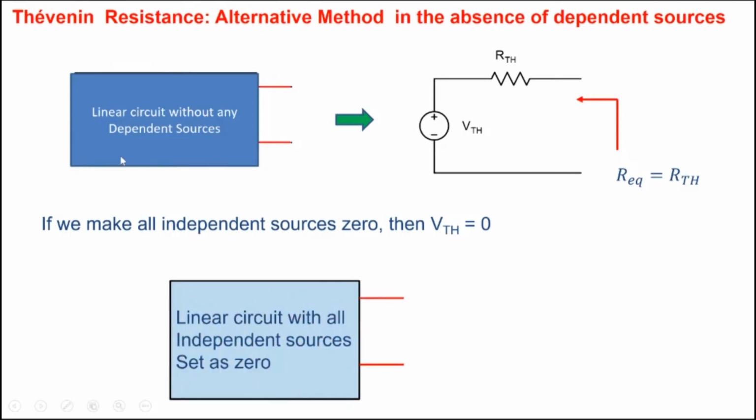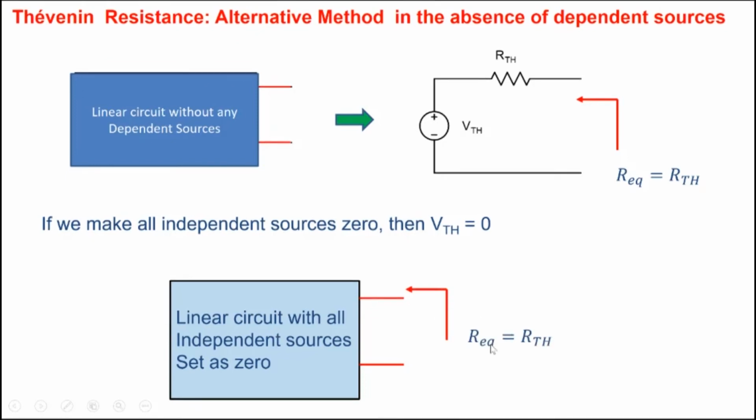So the idea is that if you want to know what RTH is, you take the circuit whose Thevenin's equivalent you're trying to build, open circuit it here, and set all independent sources to 0. Note that this is a linear circuit without any dependent sources, so if you remove all independent sources, it's left with a bunch of resistors.